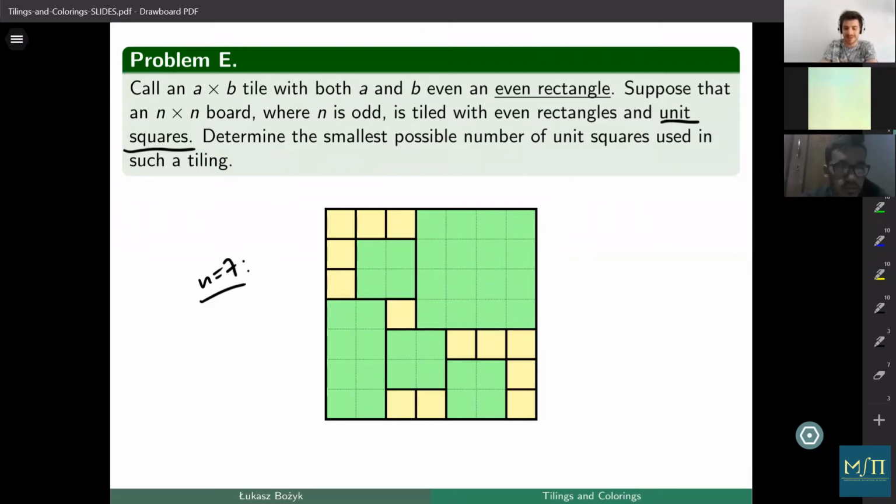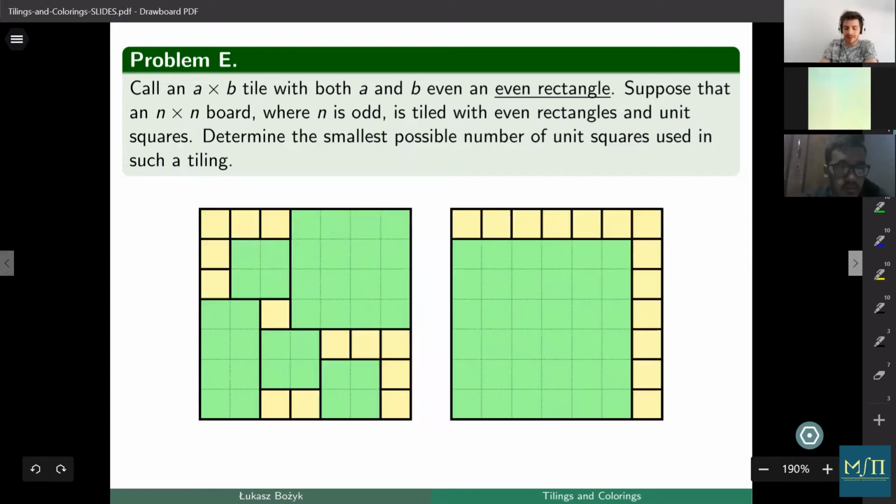It's very chaotic, but minimizing the number of unit squares. So now it turns out that colorings may help you with these optimization problems as well. You can bound the number of tiles using coloring, and we'll see in a moment how.